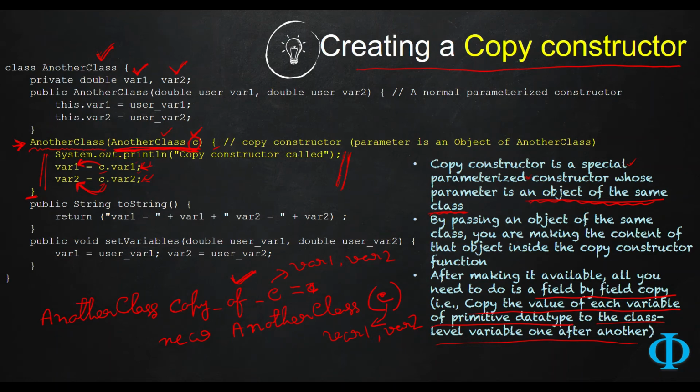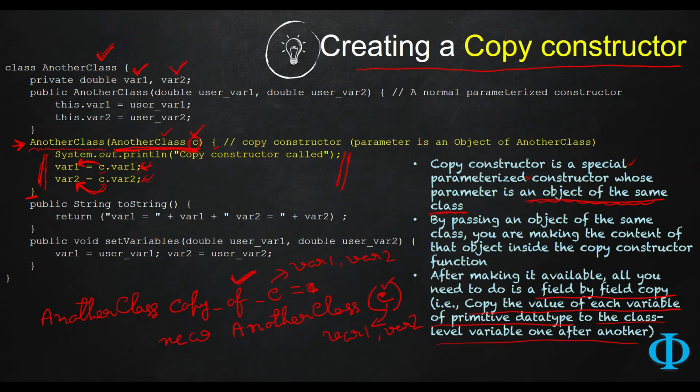You just made this C available inside this copy constructor, and then you made a field by field copy. Each variable of C is being copied into the corresponding class level variable.